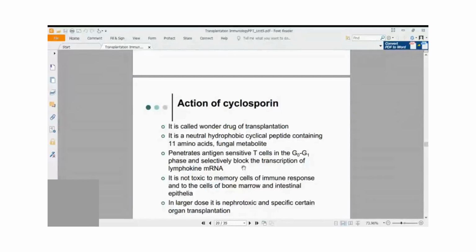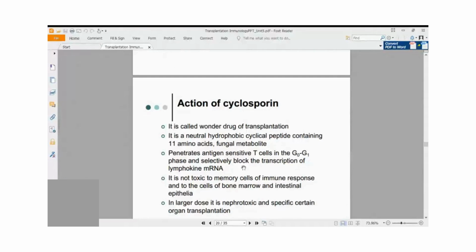So this is how this wonder drug acts, by acting on the T cells at the stage of transcription of the cytokines. But it will not cause any other harm to other cells because it is specific only to the T cells.